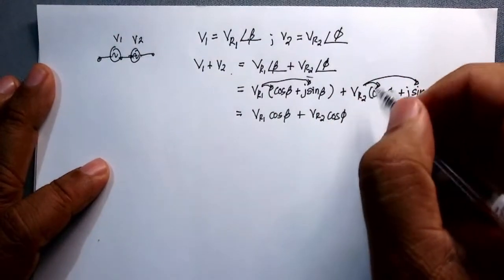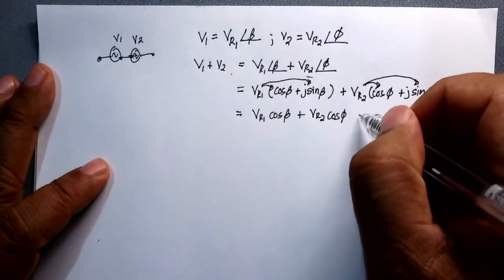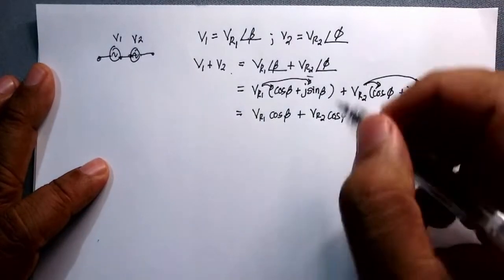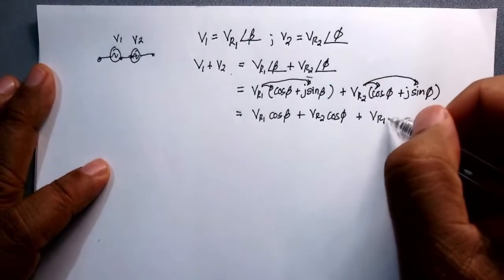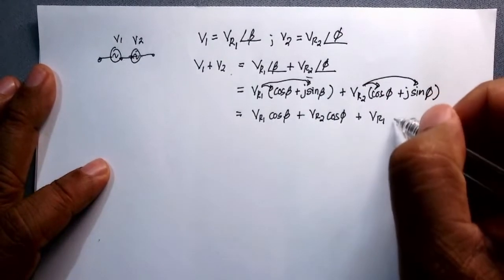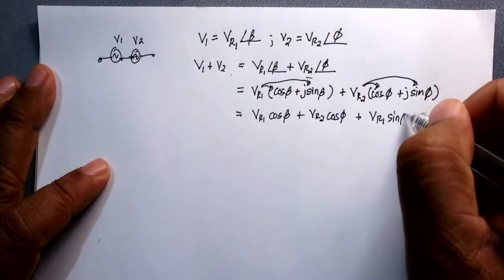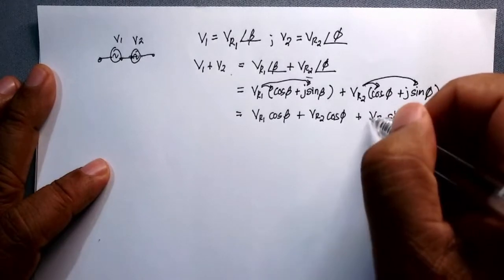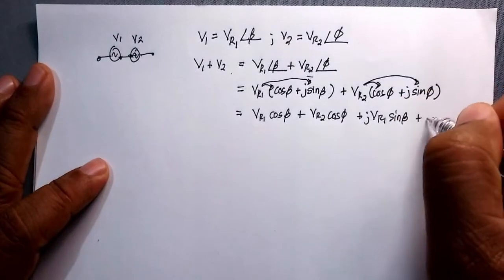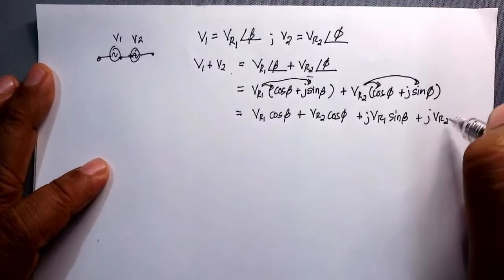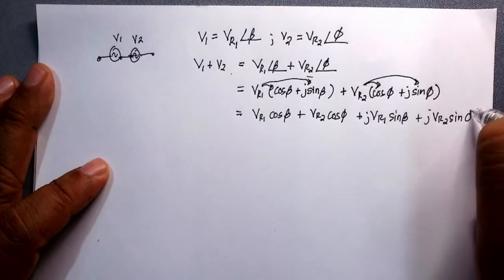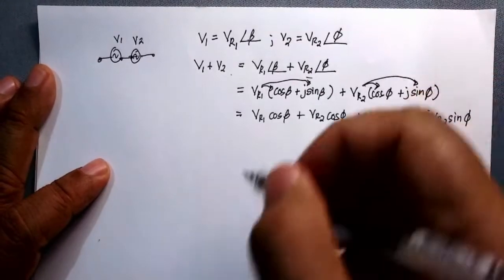For those that have a J, you have BR1 J sine beta, and another one, J BR2 sine phi. So we just group that.